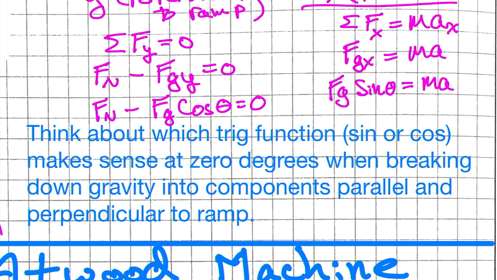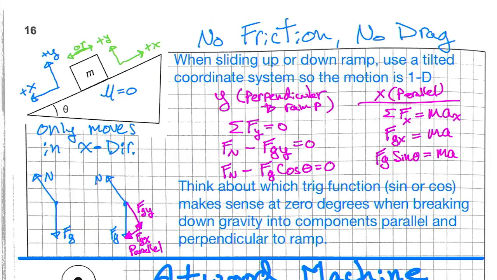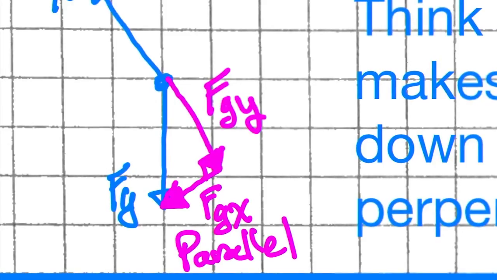I really like this technique about thinking about angles that you know, like 0 degrees, and using those to choose trig functions rather than just memorizing or turning this into a geometry problem. You can make similar triangles, and you will figure out eventually that this angle here is theta.